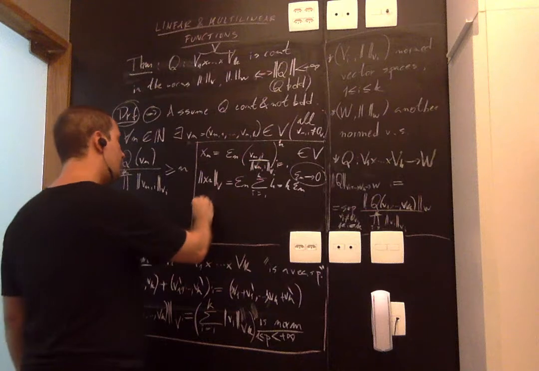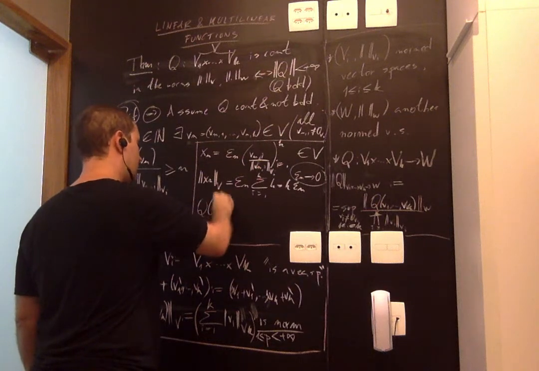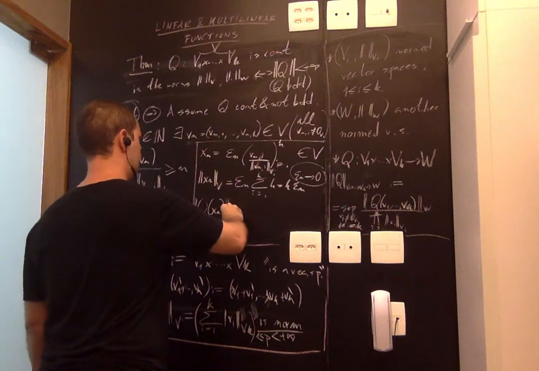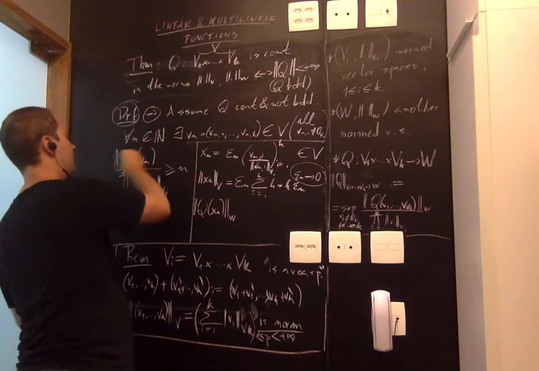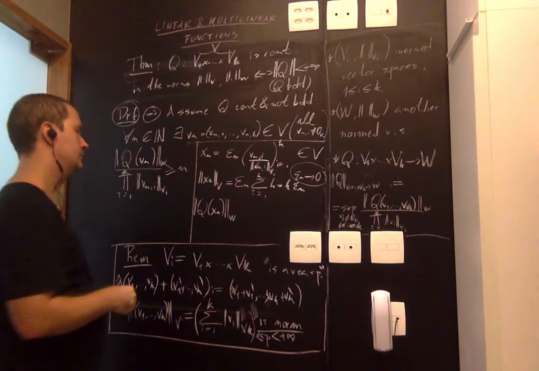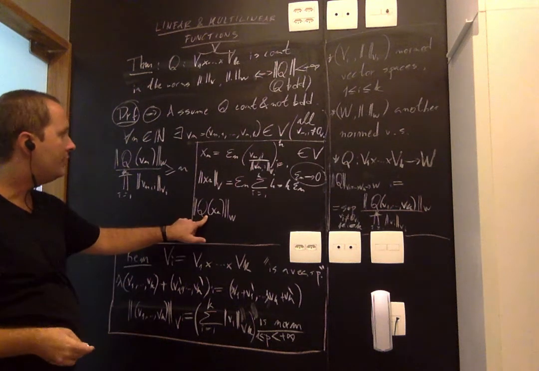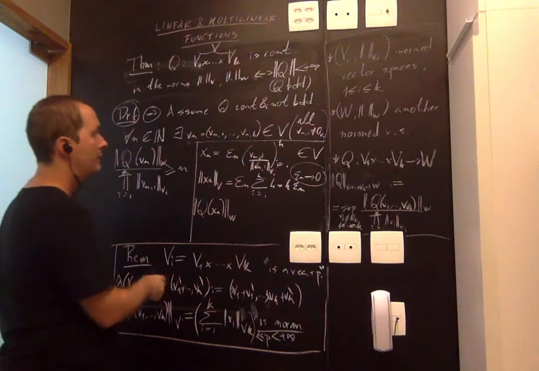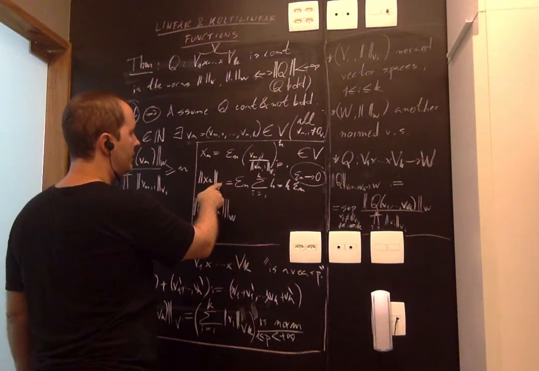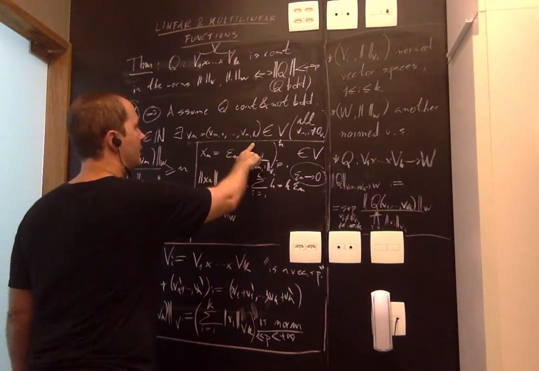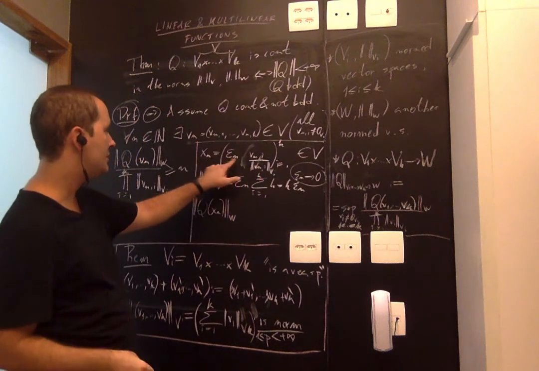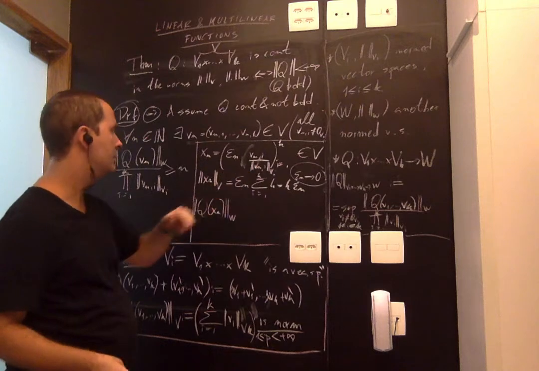Now I want to compute Q of x sub n and compute this norm. Here I forgot the norm, right? Okay, how do I compute that? So I need to use multilinearity. Notice that here, okay, I could have written this like this, perhaps, to notice that I'm multiplying each term by a scalar.